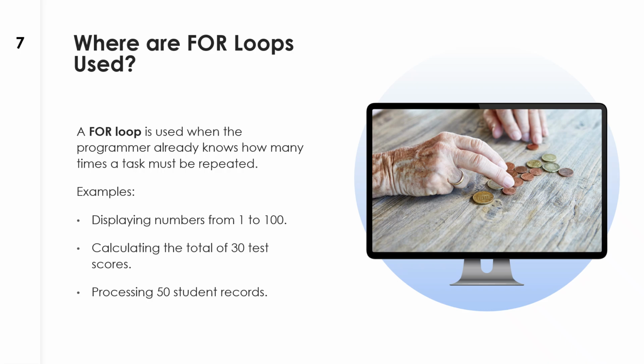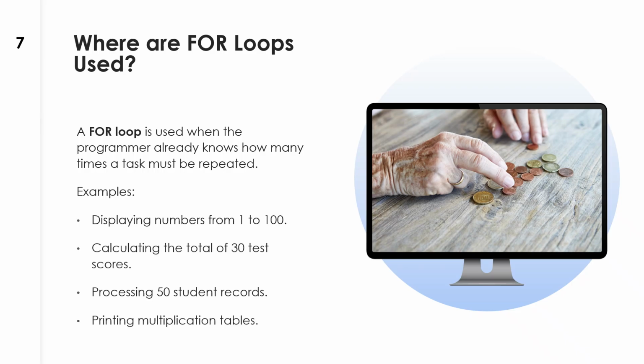In processing 50 students' records, you know how many student records you need for the processing, that is 50, so you have to repeat the processing 50 times, so you use the for loop.